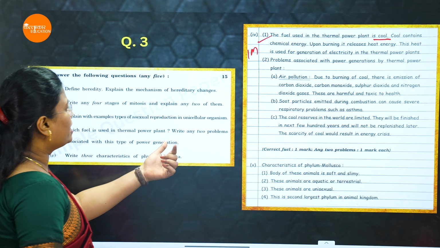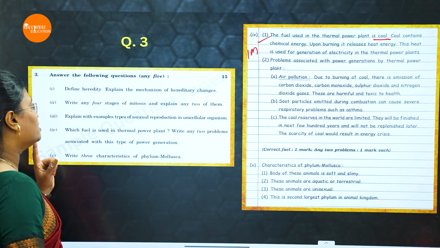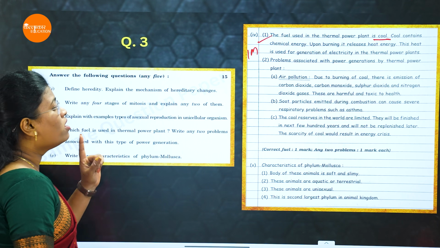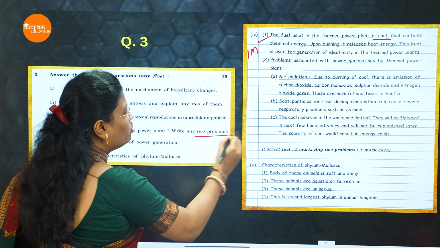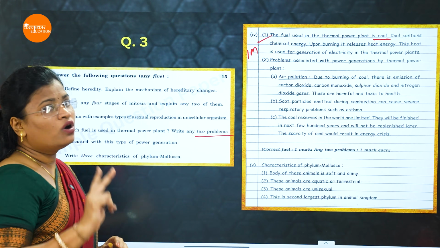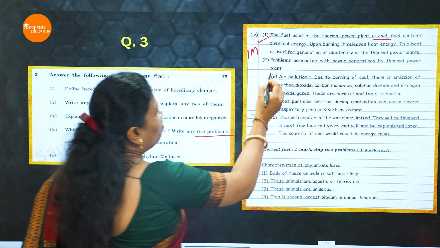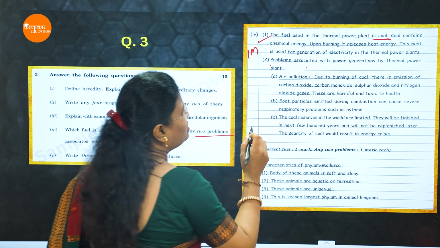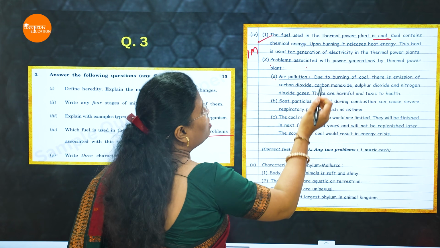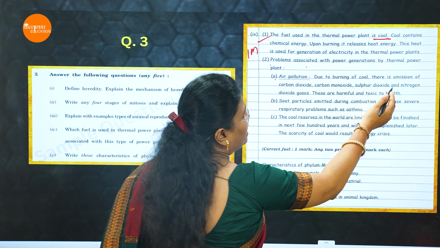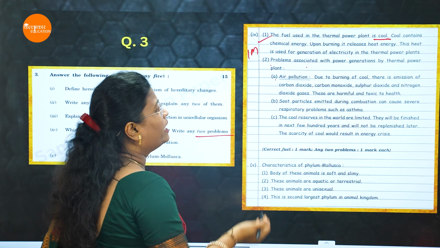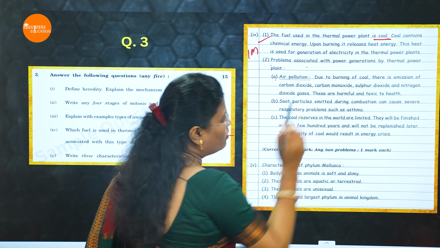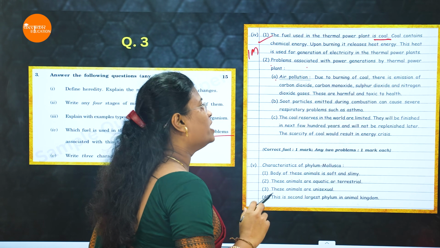Next, what they are asking, write any 2 problems associated with this type of power generation. So you have to enlist at least 2 correct points. Problems associated with power generation by thermal power plant: you can write air pollution. Due to the burning of coal, there is emission of carbon dioxide, carbon monoxide, sulfur dioxide and nitrogen dioxide gases.